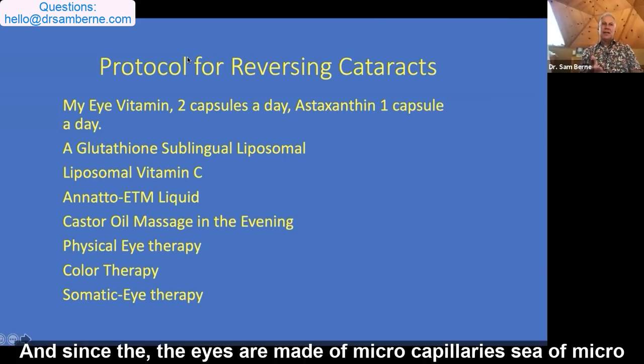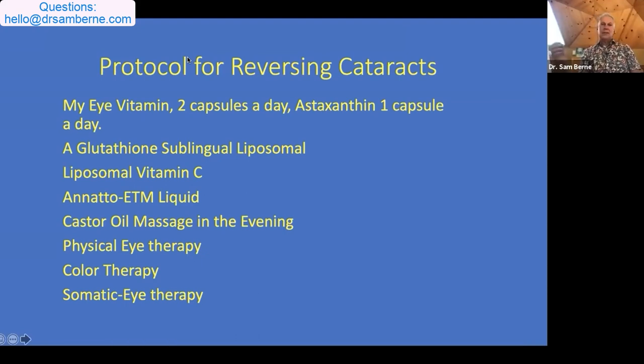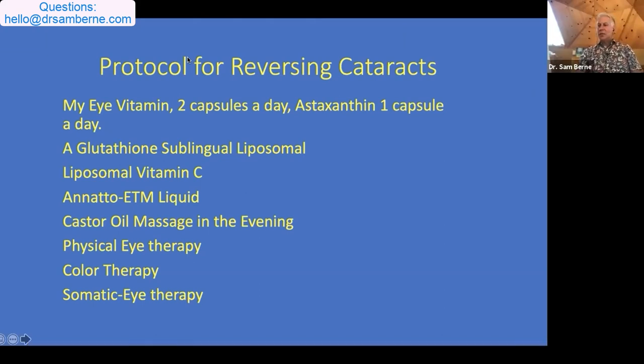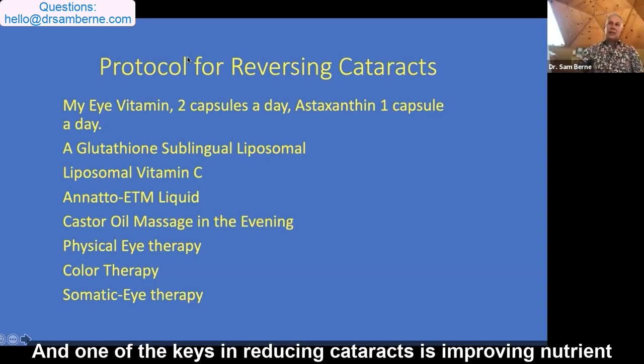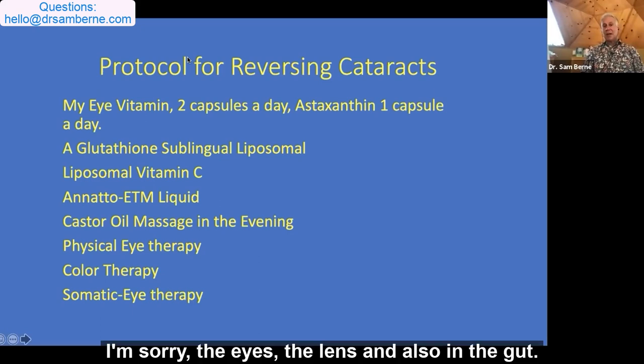And since the eyes are made of a sea of microcapillaries, the tocotrienol form of vitamin E helps reduce oxidative stress and improve nutrient absorption. And one of the keys in reducing cataracts is improving nutrient absorption, both in the eyes, the lens, and also in the gut.